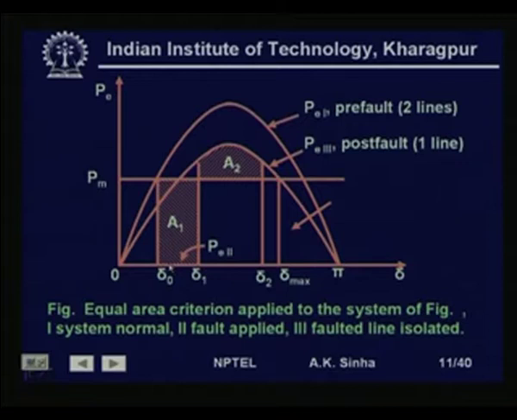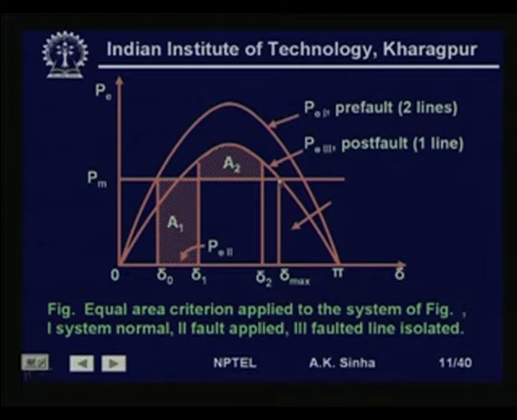With the same thing we can see, instead of tripping this line when we have reached delta 1, if we tripped it a little later, that is if this delta 1 was here, then again what we find is the accelerating area will increase up to this point and decelerating area available will be only up to this much.